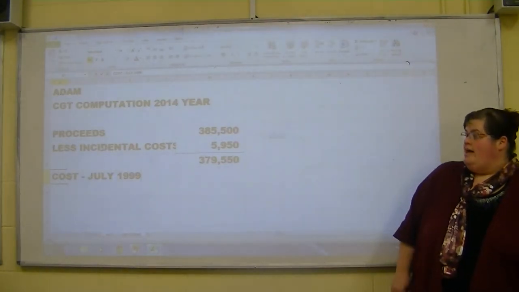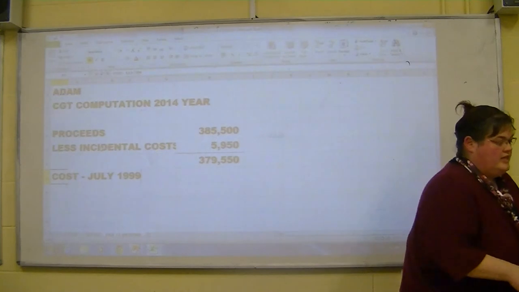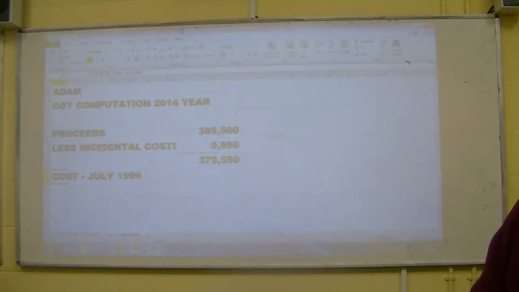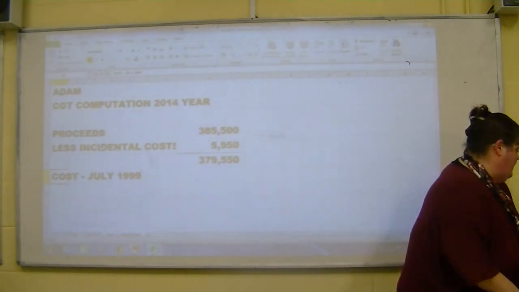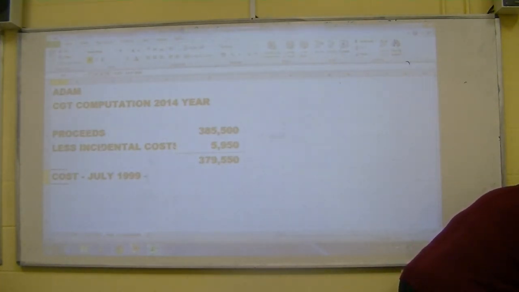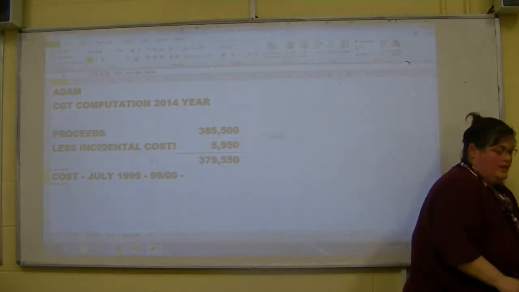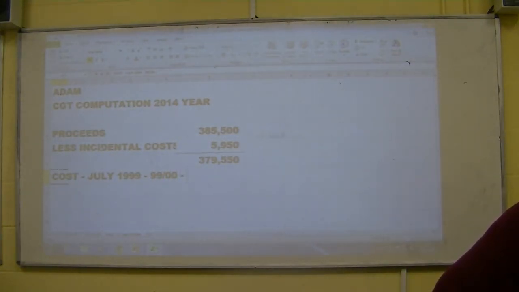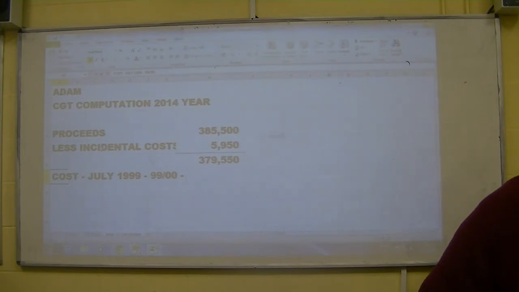Okay, then we've got our costs, and it was in July 1999. So that's falling in between April 99 and April 2000, isn't it? Just to get the rate, July 1999, 2000, 1.193.